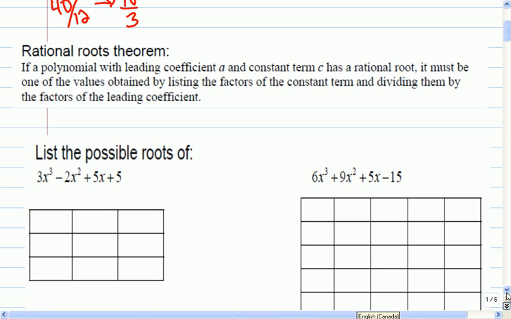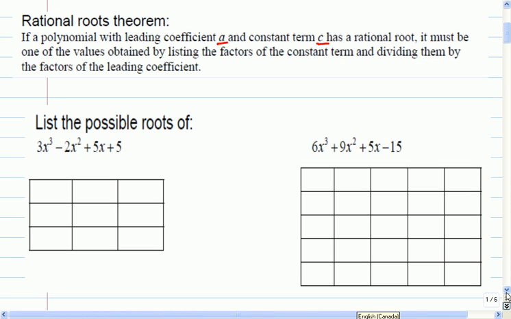If we know that there's a leading coefficient that we're calling A, and a constant term C. So again, it's probably easier to see the example, but basically what we're saying is that if it's going to be a factor, then it must be the constant term, which is the last part, divided by the first part. It's kind of like mumbo jumbo when you read it in math. But here's what the words up there mean.